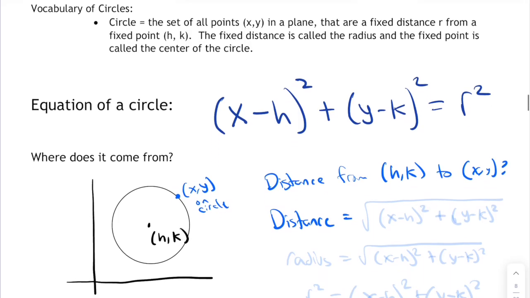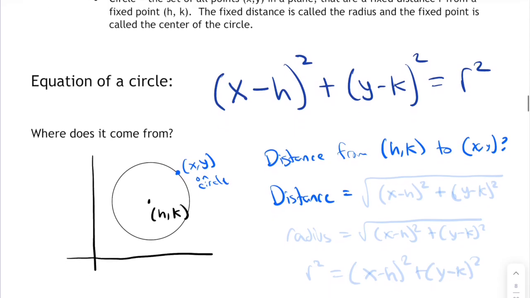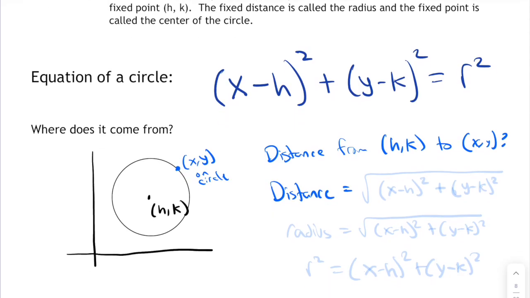So if we want to think about where that comes from, if we have a circle, we put a point on it, (x, y), and we know its center is (h, k), we can find the distance using the distance formula, which, if you remember from your geometry days, is the square root of the two x coordinates subtracted, so (x minus h) squared, plus the two y coordinates subtracted, (y minus k) squared, all square rooted.